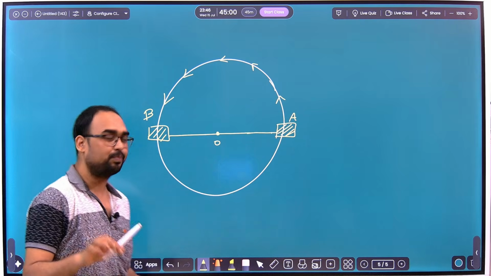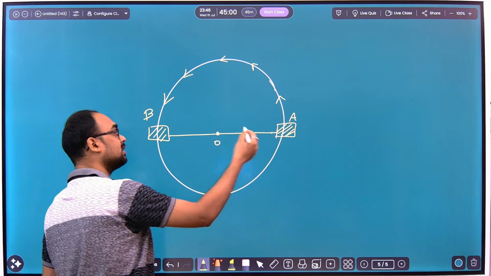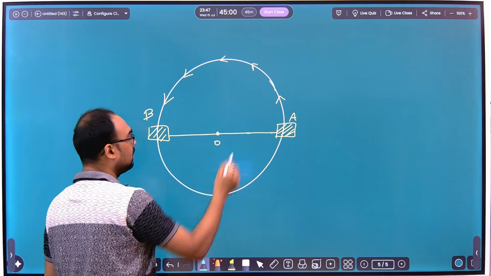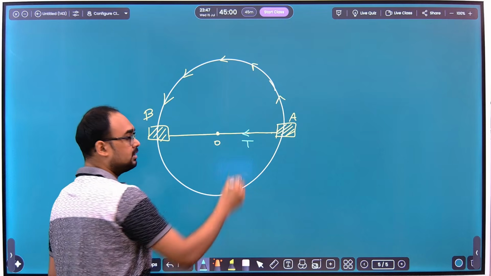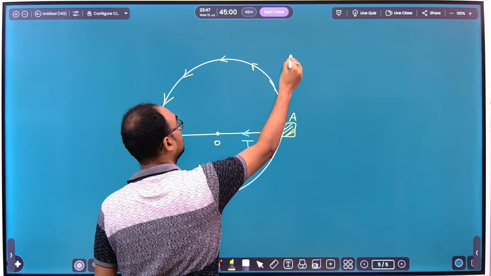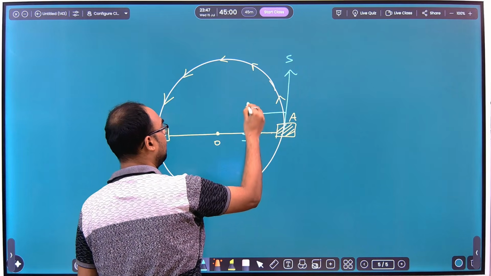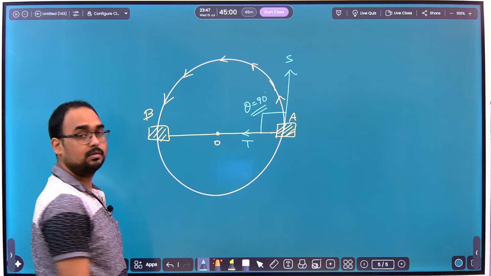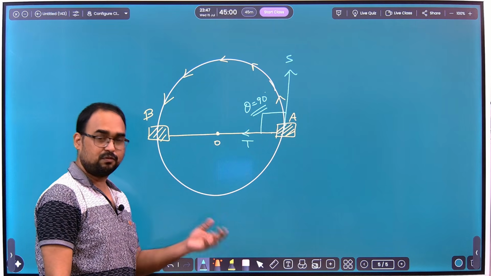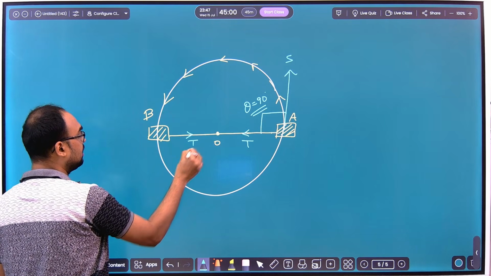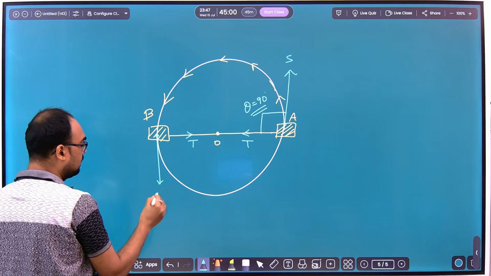net work done. Now, although the body has completed half circle, according to basic physics, this was the tension force, the direction of tension, and this was the displacement. Still, the angle between the displacement and the force is 90 degrees. At this point, this is the tension and this is the displacement.